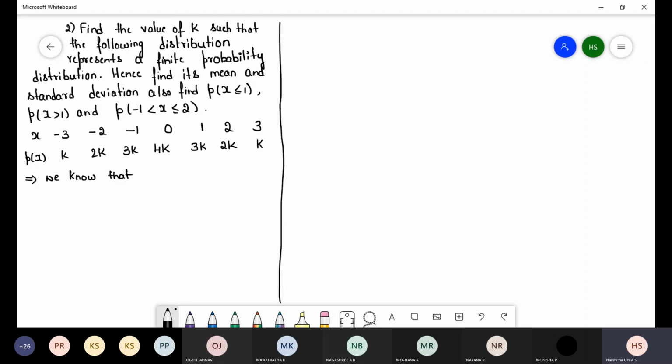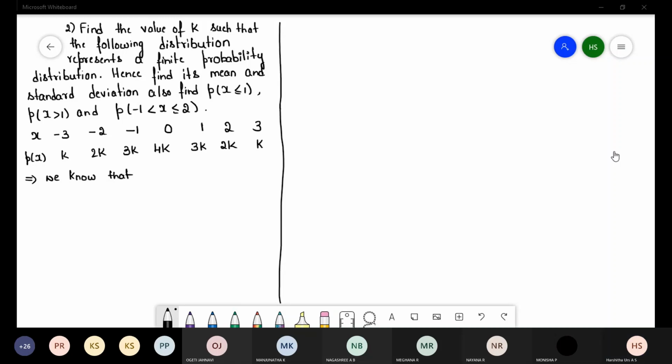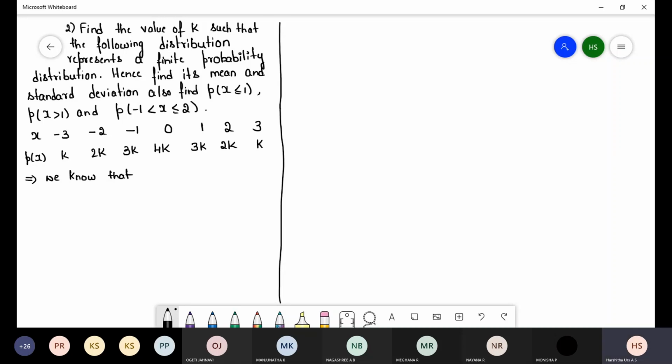We know that P(x) is greater than or equal to 0 for all x. If you write this condition, it also carries marks. And the sum of P(x) is equal to 1.